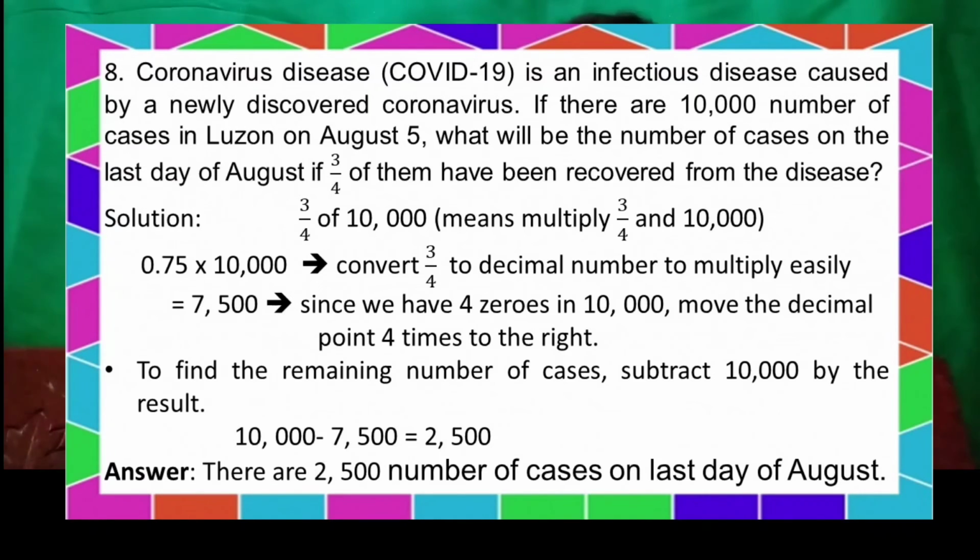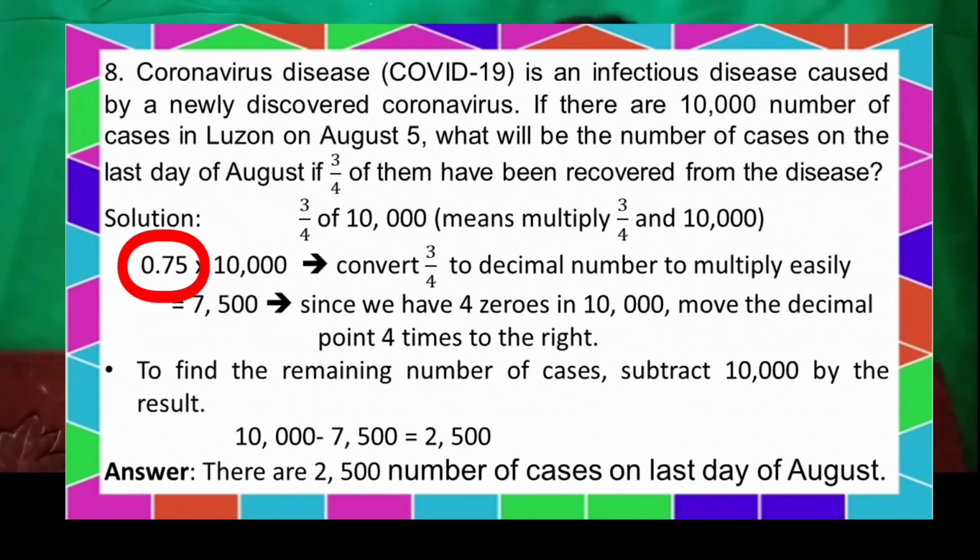So our solution here is that we have to find the 3/4 of that number of cases in Luzon. So that is 3/4 of 10,000. Means you have to multiply 3/4 and 10,000. So what is 3/4 in decimal form?